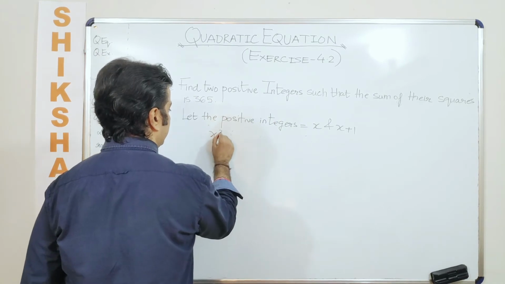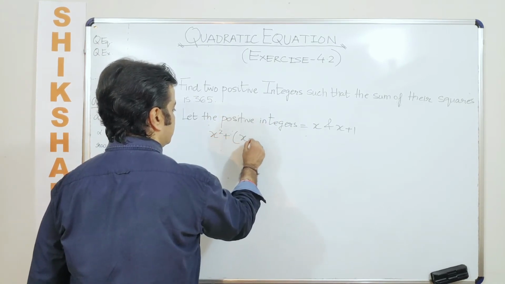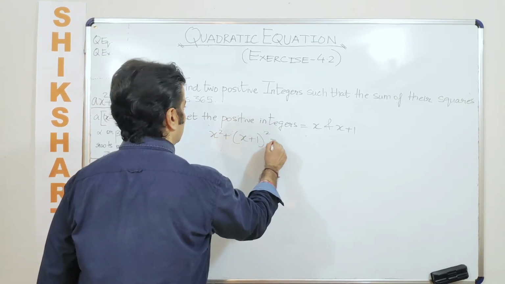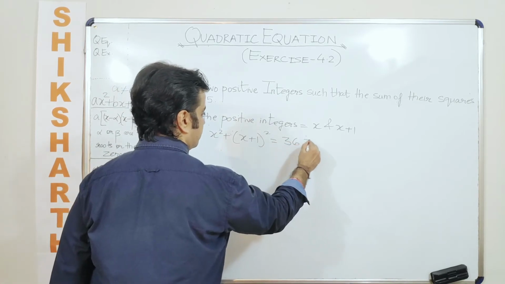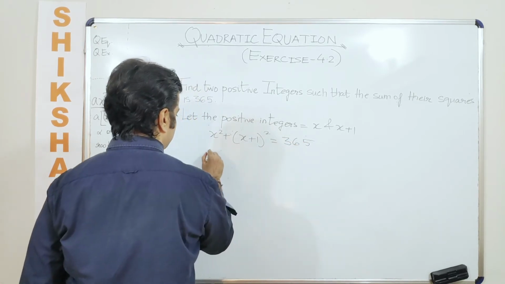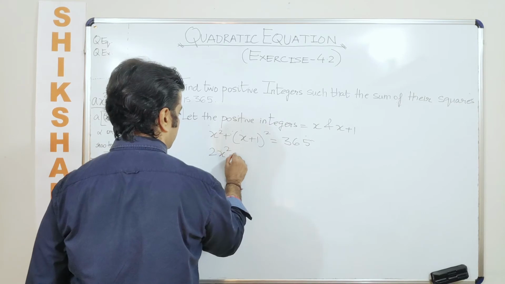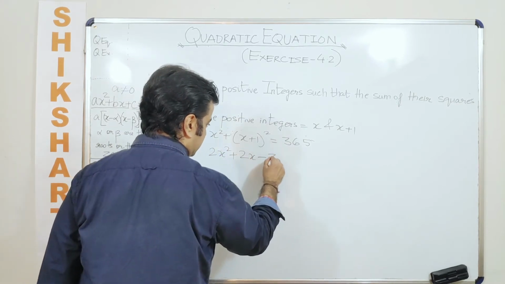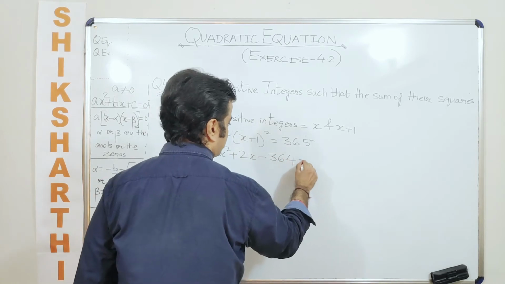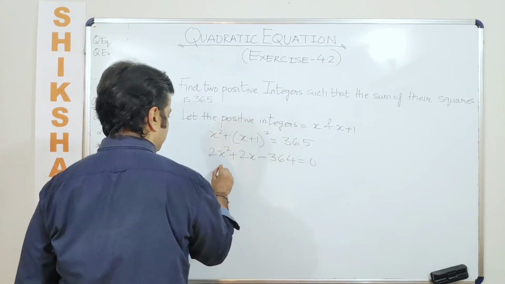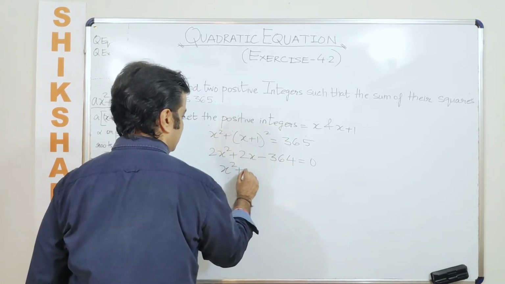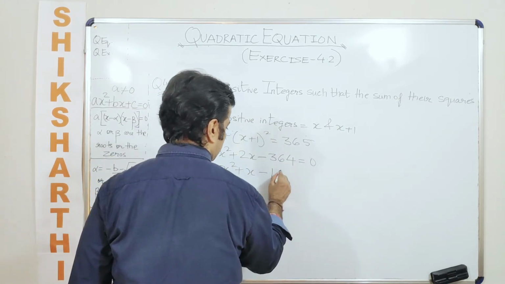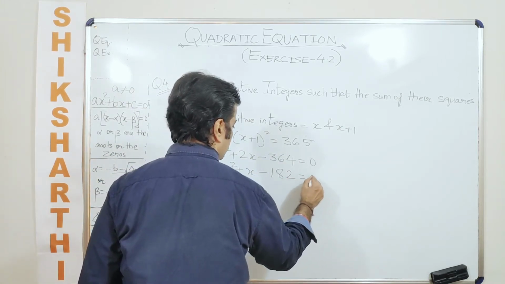We are saying x square plus (x plus 1) whole square is equal to 365. Can we solve this? This is just like saying 2x square plus 2x plus 1 minus 365, that is minus 364, equal to 0. Finally we get x square plus x minus 182.